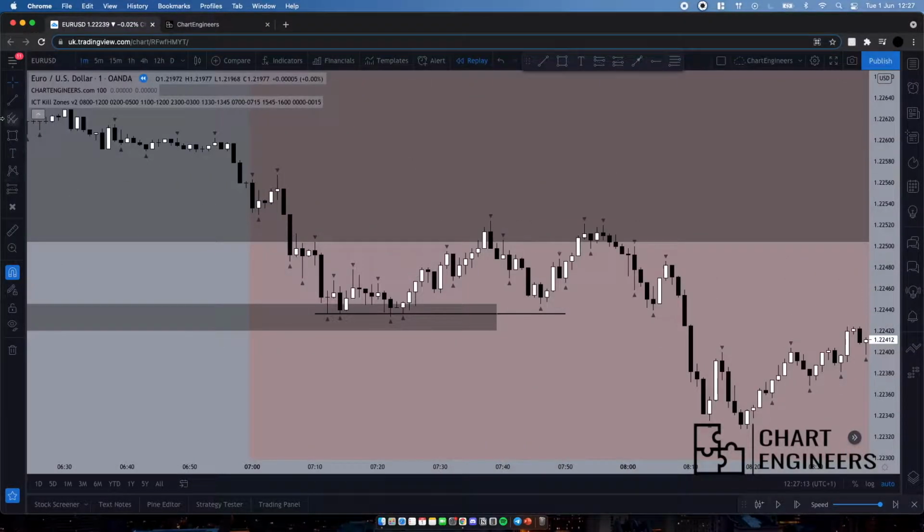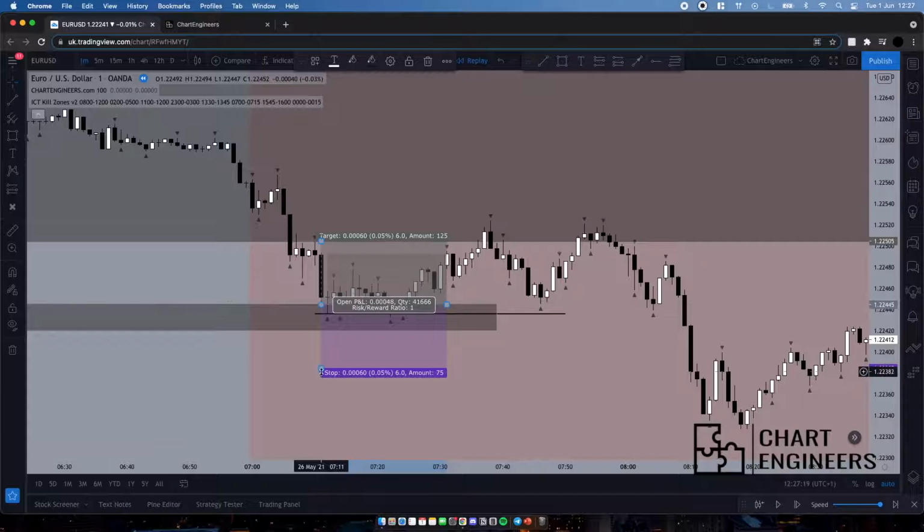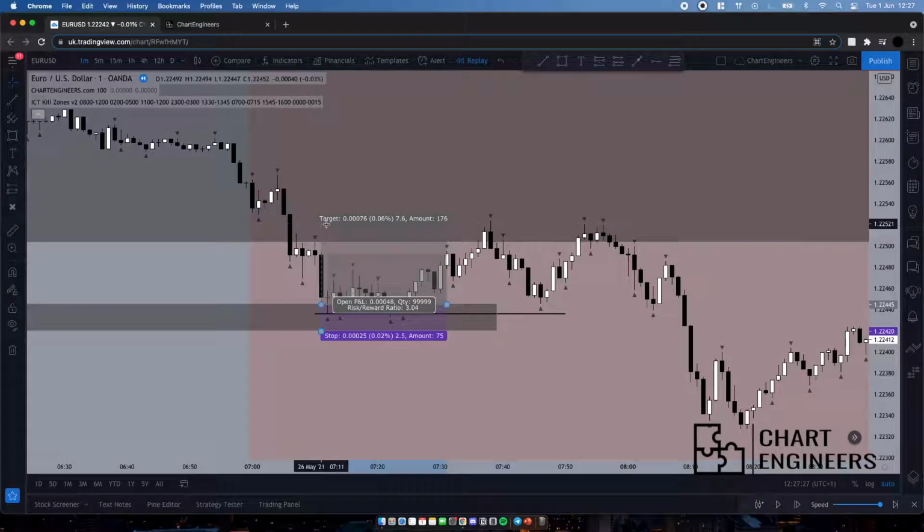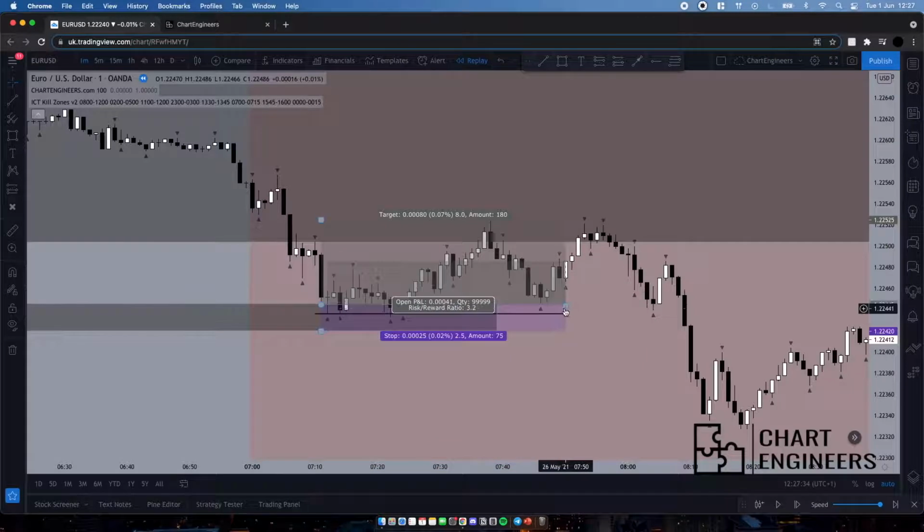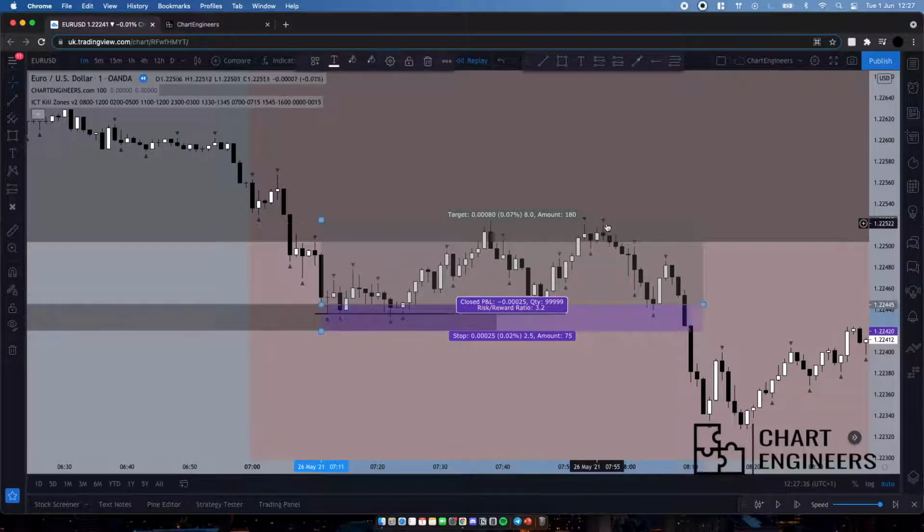So this is my first trade, and as I said before, a lot of the trades this week were just hitting 2R and then reversing. So 2.4, so I just rounded up to 2.5, and you see that price did not hit 3.2R.